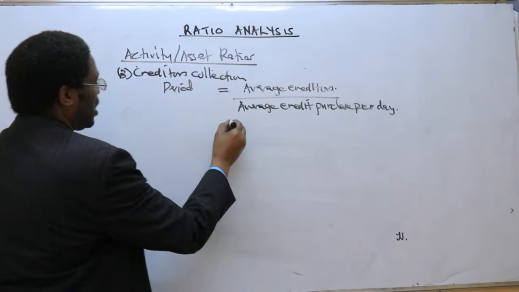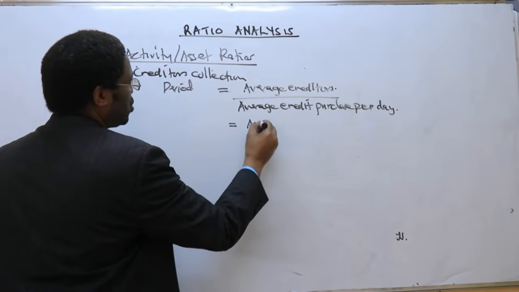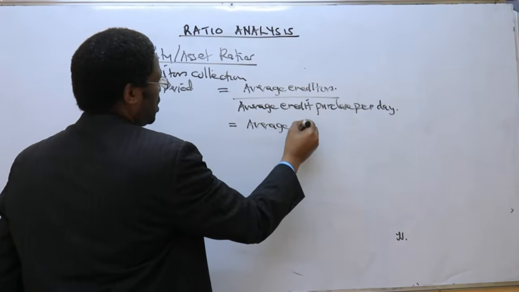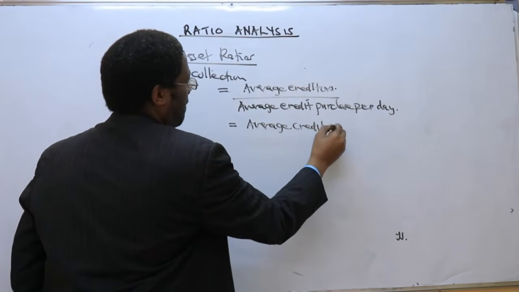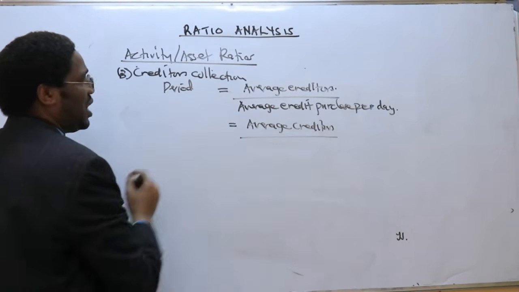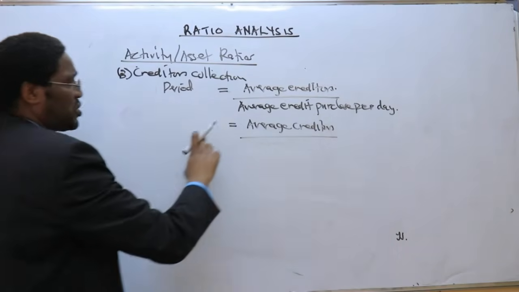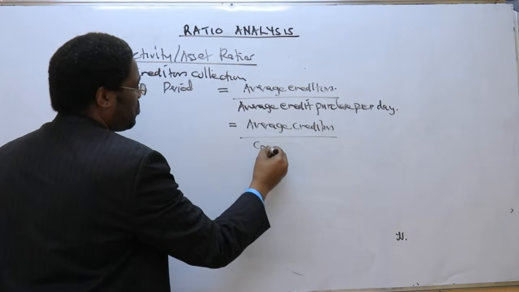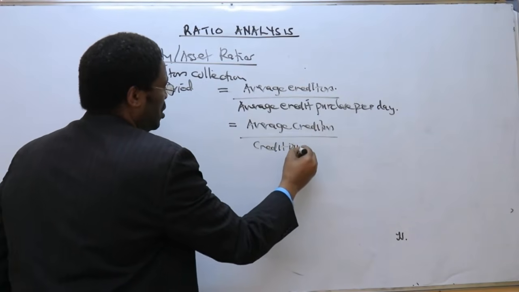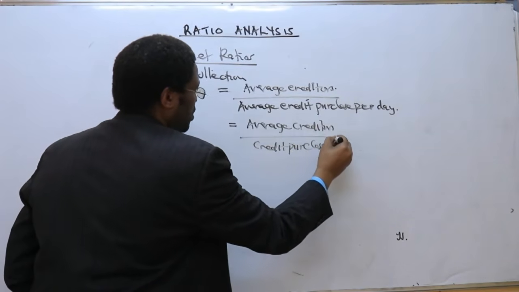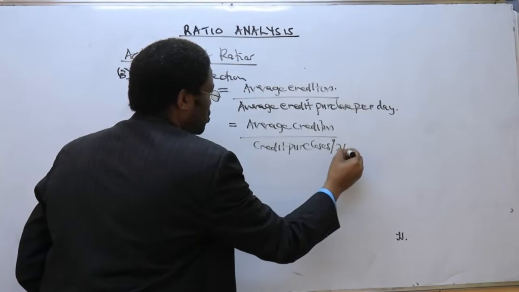This can be expressed as average creditors divided by the average credit purchases per day. To get the average credit purchases per day, you take the credit purchases for the whole year and divide that by 365.